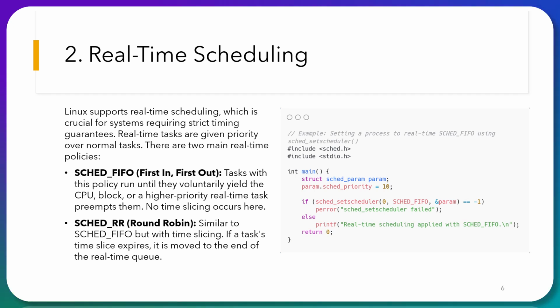There is no time slicing. SCHED_RR, round robin. Similar to FIFO, but includes time slices. Once a task's time slice expires, it's pushed to the back of the queue. Real-time tasks always take priority over normal processes, so misuse can starve the system if not managed carefully.